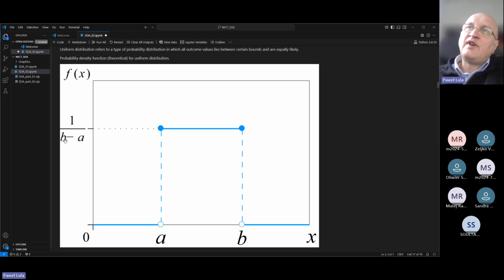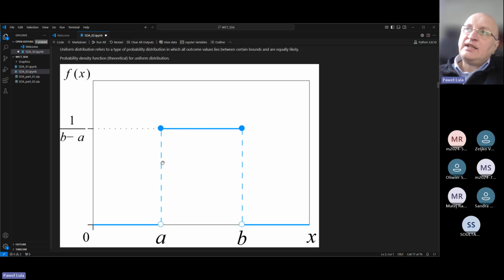It is 1 divided by the length between these two points A and B. The length between A and B is equal to B minus A. So the inversion of this expression, 1 divided by B minus A, is the y coordinate for this line.